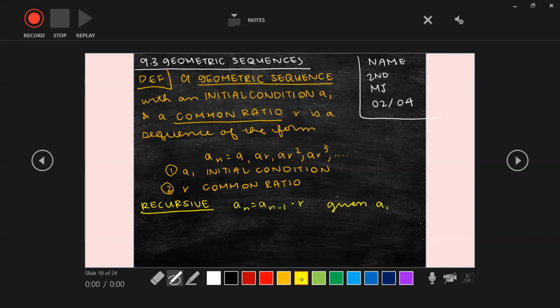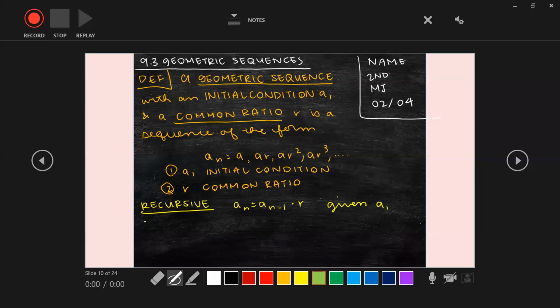Now, other Emma, can you give me the other one? Not quite. Ethan? Starting term, a sub 1. So those are the two things that tell us that we have a recursive formula.